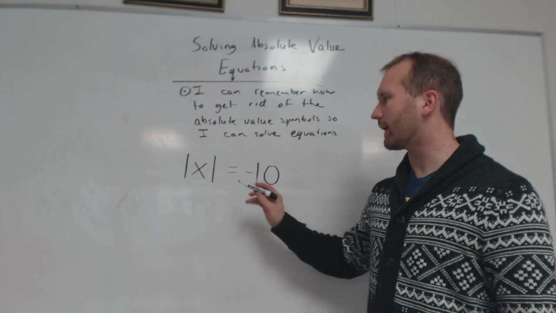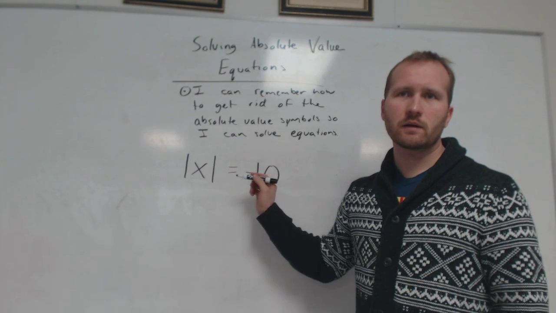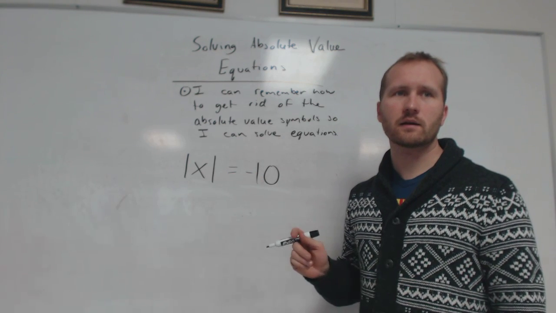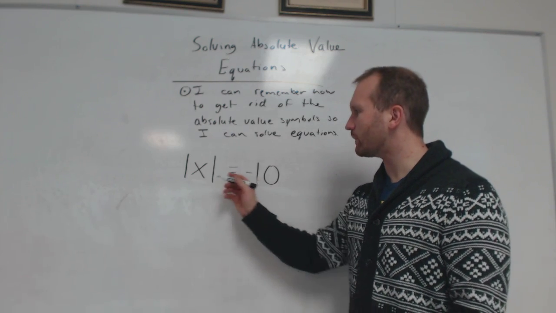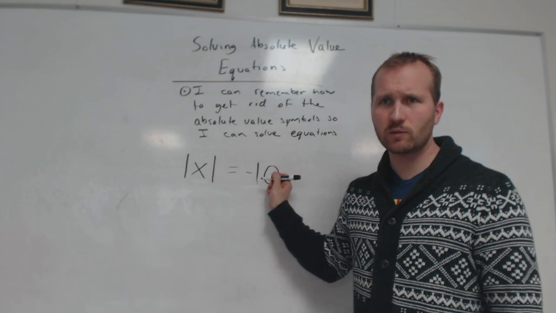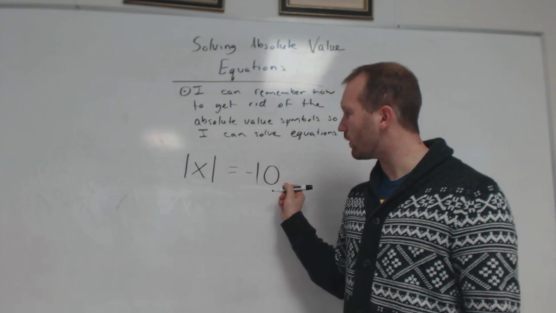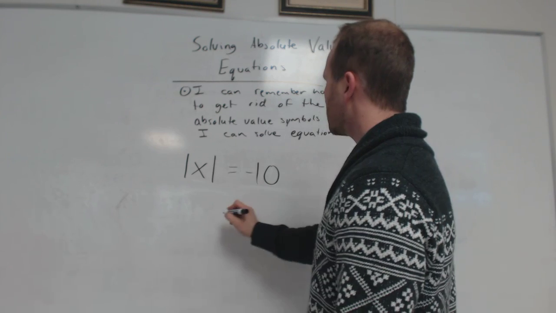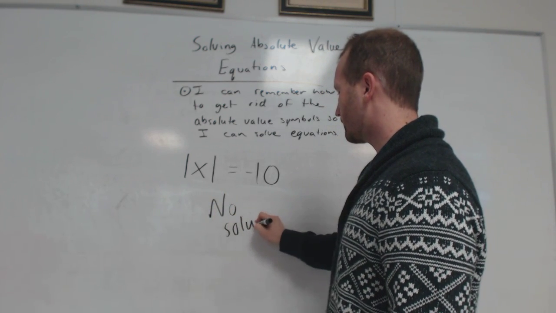Think about what this is saying. The absolute value of a number is negative 10. Can I ever have an absolute value of anything equaling a negative number? No, never. So this is no solution.